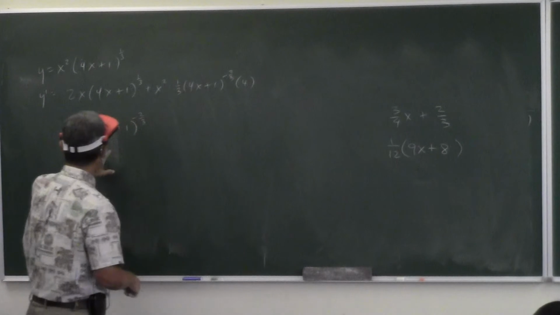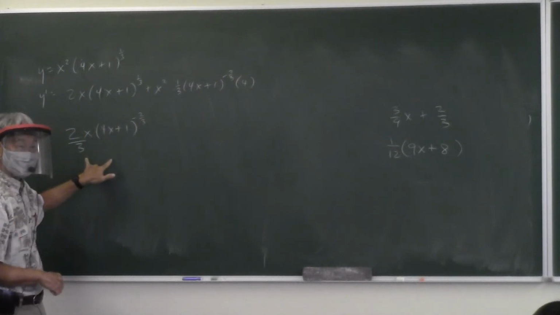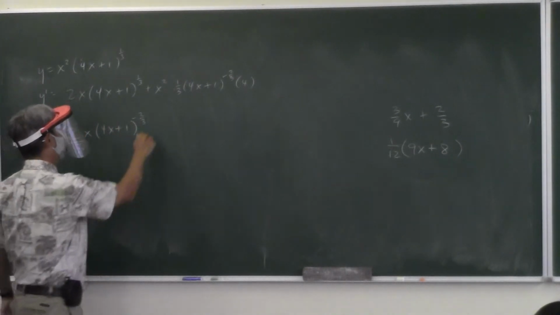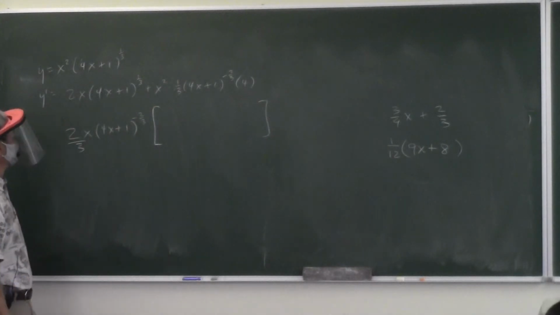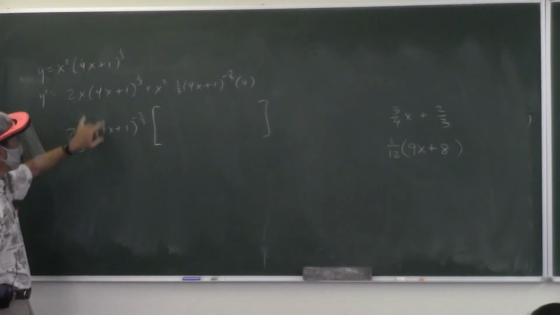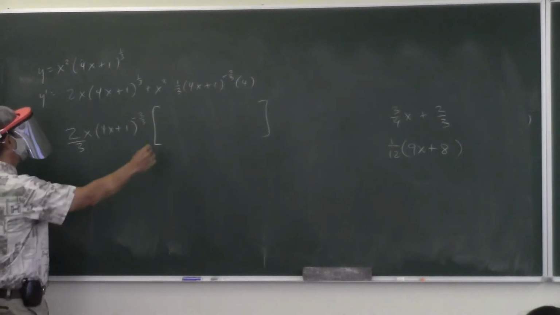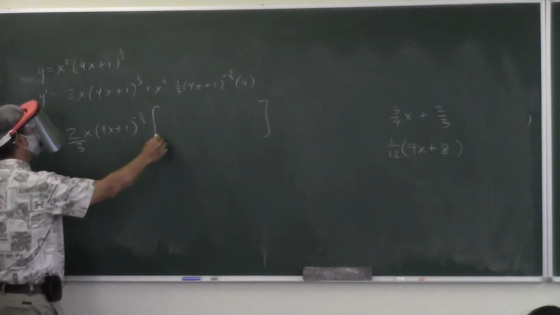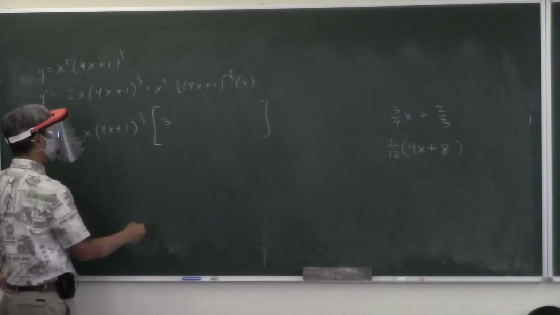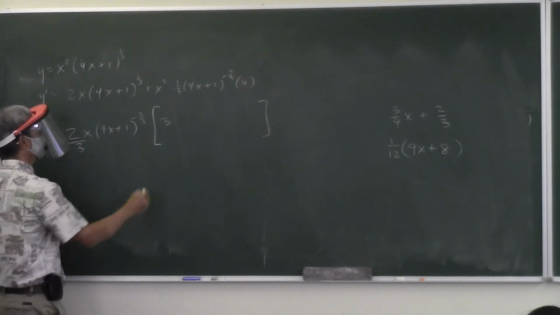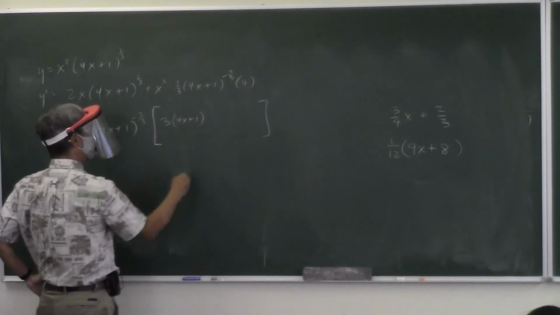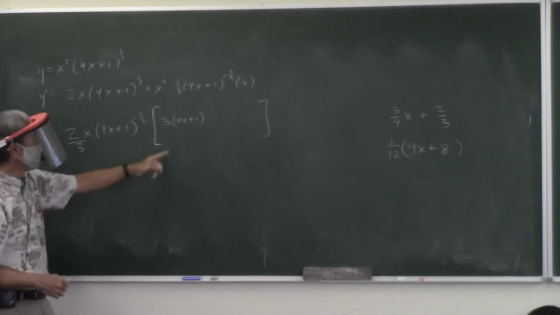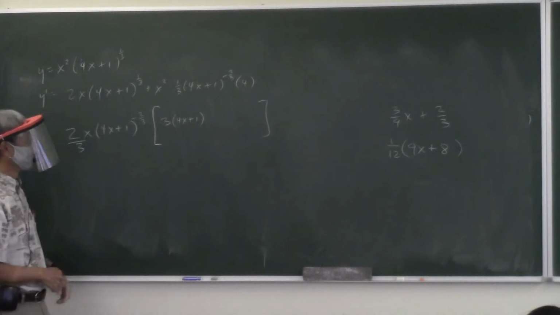Okay, so does everybody agree this is what can be factored out? Okay, that's the easy part. What's left? If I factor out this from that, what's going to be left? 3. 4x plus 1 to the, what power do I need to put right here? The first.